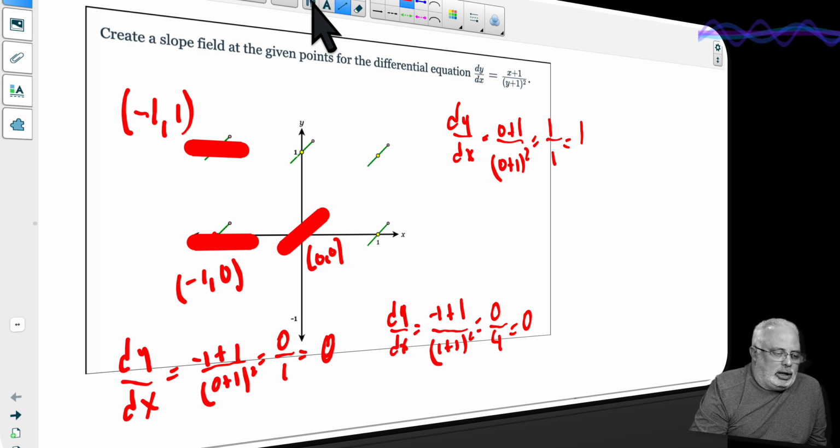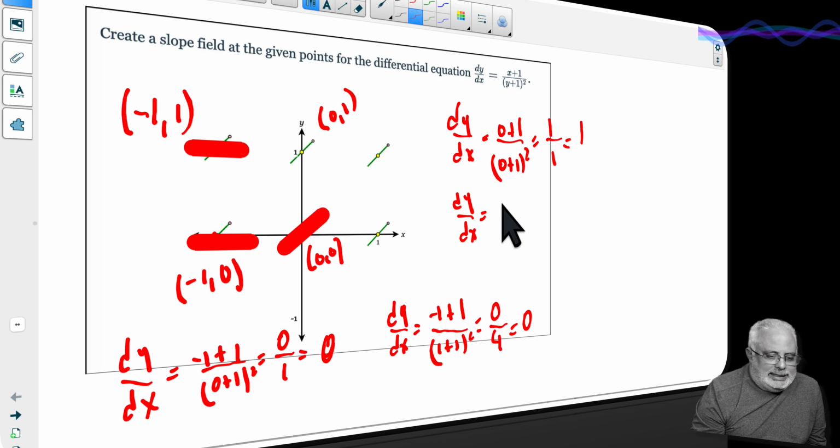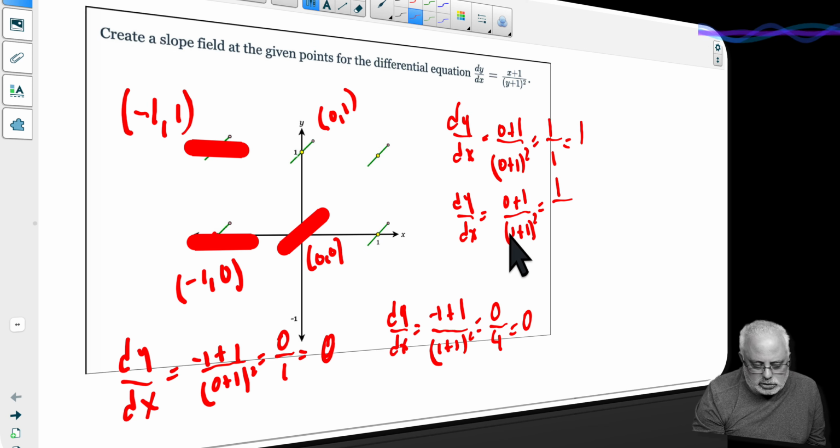Now let me evaluate it for 0, 1. So dy/dx, x is 0, the y is 1. I have here in the numerator 1, in the denominator I have 4, because 1 plus 1 is 2, 2 to the second power is 4.